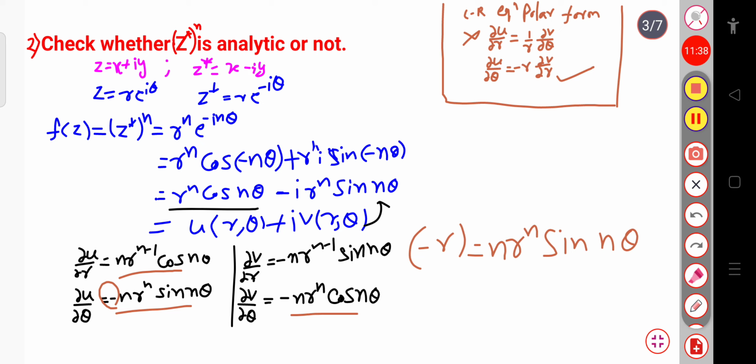So this equation also doesn't satisfy. So the Cauchy-Riemann equations are not satisfied for z star power n. So we can say that z star whole power n is not analytic. It is not analytic. Okay.